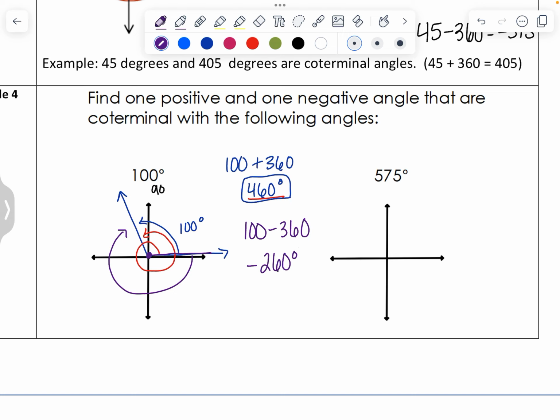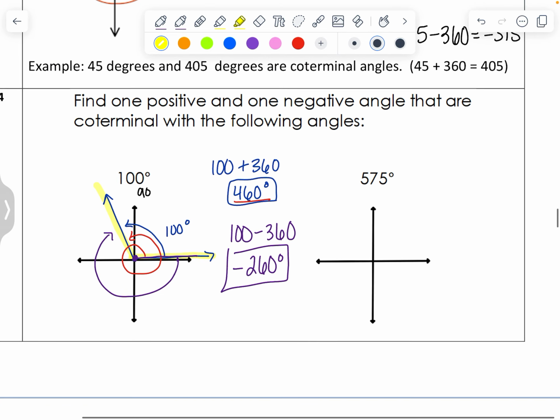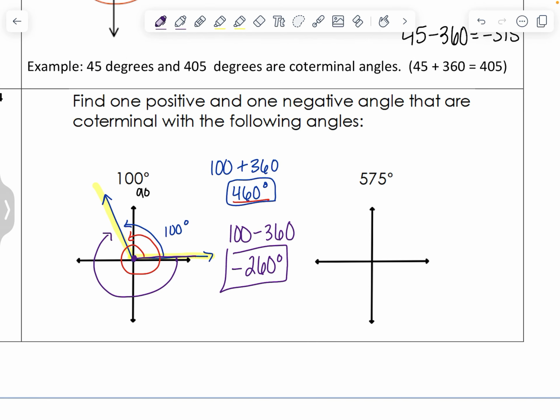Yeah, I thought that was wrong. Okay, so negative 260 degrees would be back to where you started. So that would be starting at the positive x-axis and going in the reverse direction, negative 260. They would all end at the same terminal side. They all had the same starting side. So I added and subtracted a full revolution to get there.